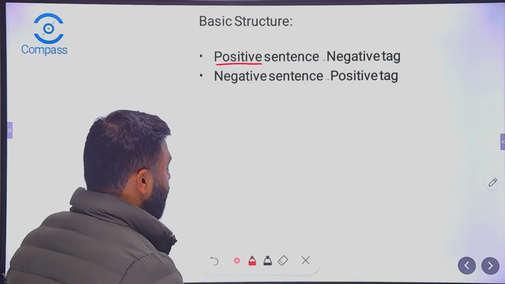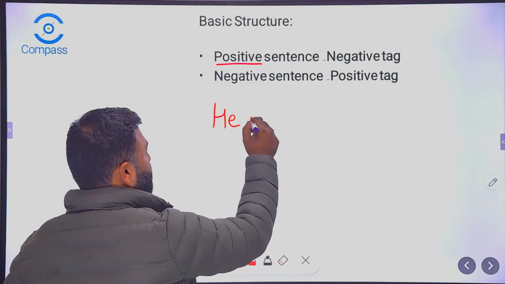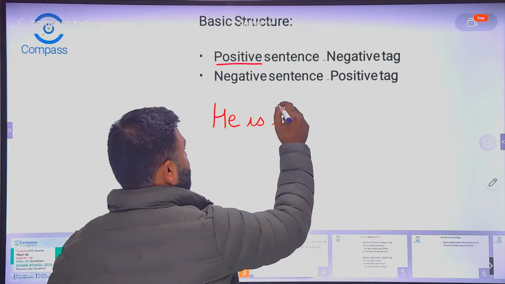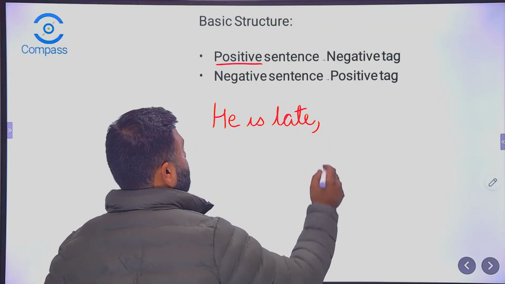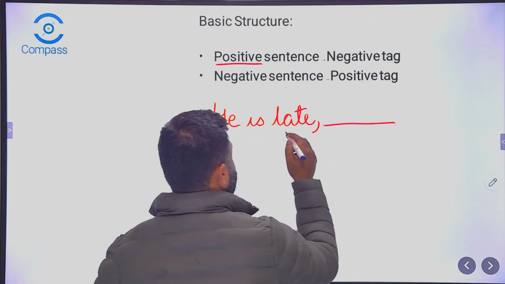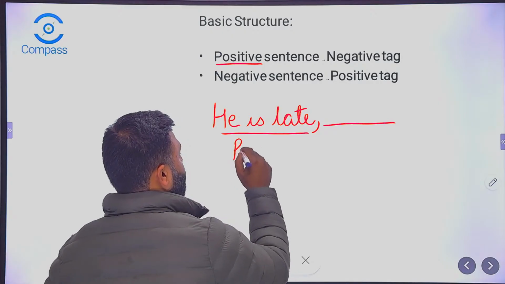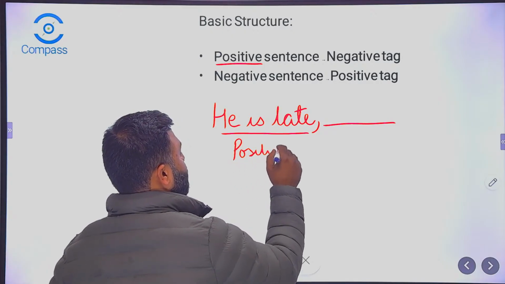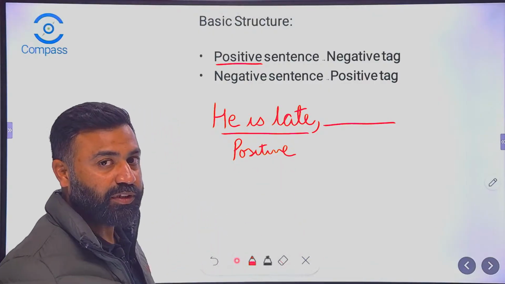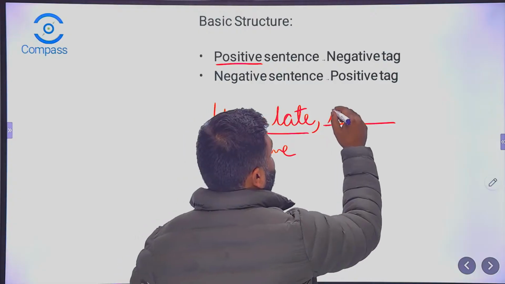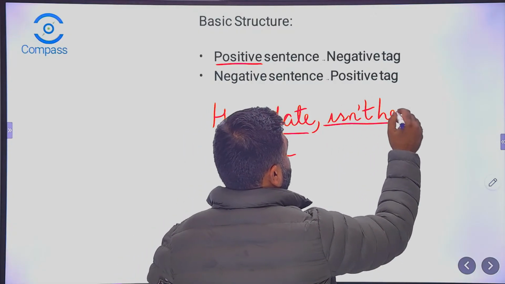I'm going to write the previous example. He is late, comma, and since this is a positive sentence, the question tag has to be negative: isn't he?